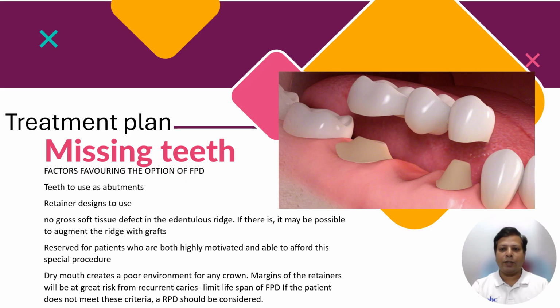If there is, we may go in for different graft treatments, and this would be reserved for patients who are highly motivated and able to afford the surgical procedures. Generally, we also notice dry mouth, which creates a poor environment for any crown. The margins of the retainers will be at great risk from recurrent caries, which will limit the lifespan of the fixed partial denture treatment.